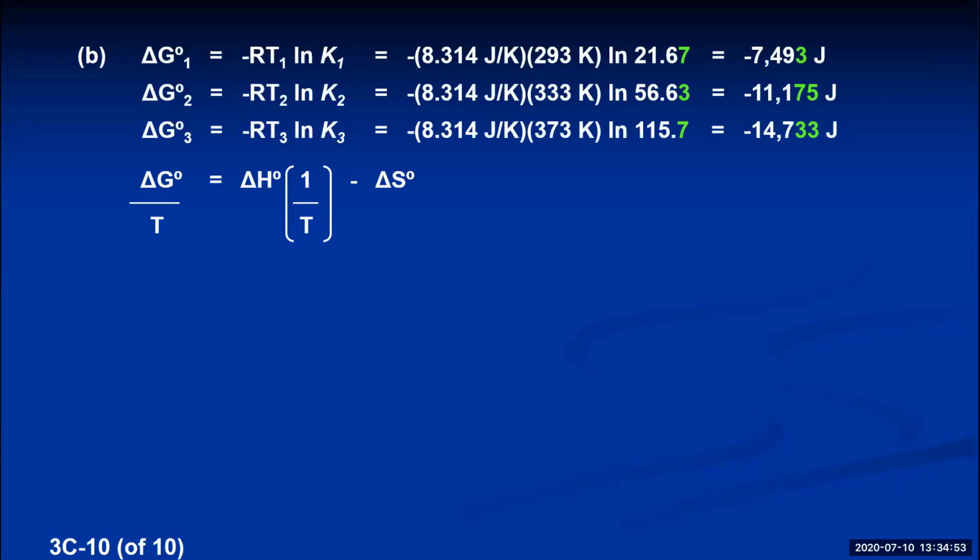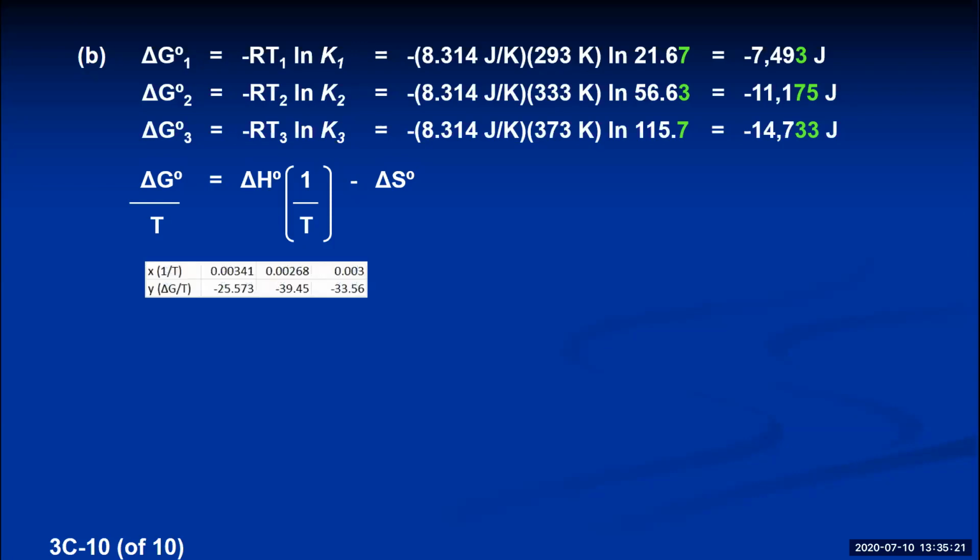In the first case, it's going to be negative 7,493 joules divided by 293. For the second point, it's negative 11,175 joules divided by 333. For the third point, it's negative 14,733 joules divided by 373. Those are my 3 Y values. And my 3 X values will be the reciprocal of 293, the reciprocal of 333, the reciprocal of 373.